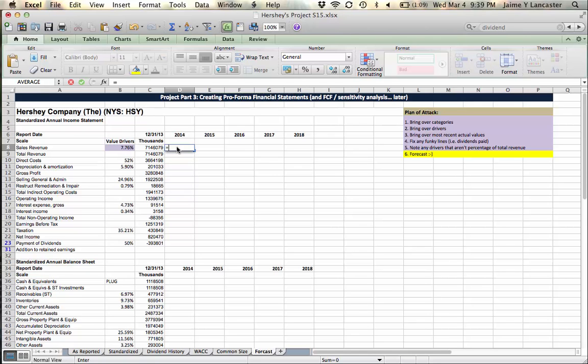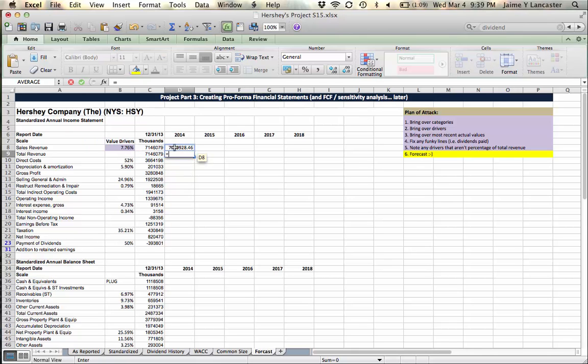So we're forecasting that 2014 sales are going to be 7.7% larger than 2013 sales. Right, I gave it a value driver. If you have another sales item, you'll line it up there.